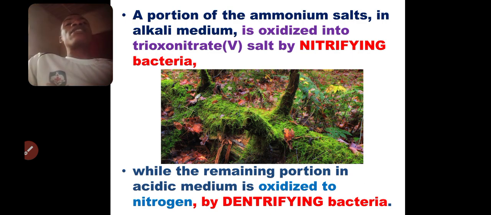Don't forget that putrefying bacteria will help us convert decayed organic matter into organic nitrogen compounds, and these compounds will be changed into ammonium salt, which will be oxidized to trioxonitrate(V) salt by nitrifying bacteria, and can also be oxidized into free nitrogen if it is an acidic medium by denitrifying bacteria.